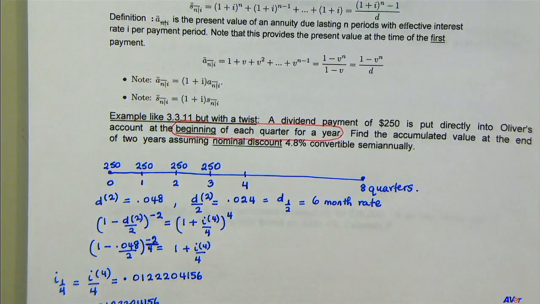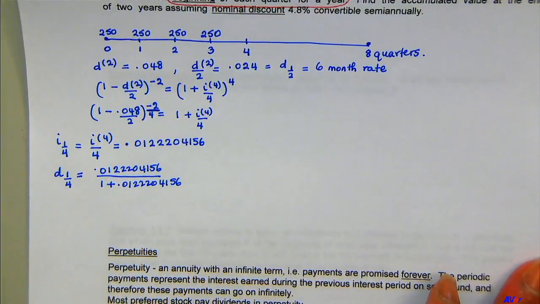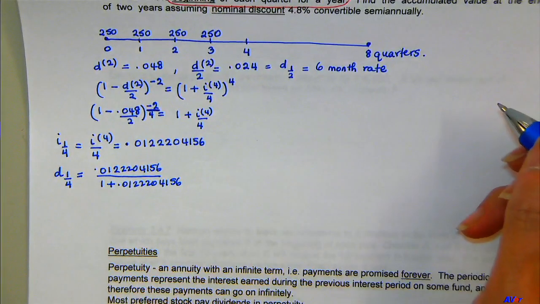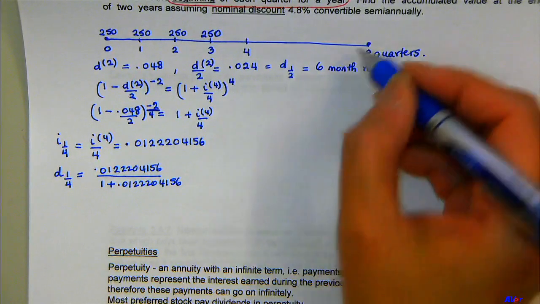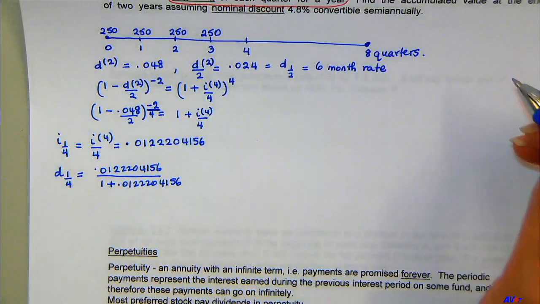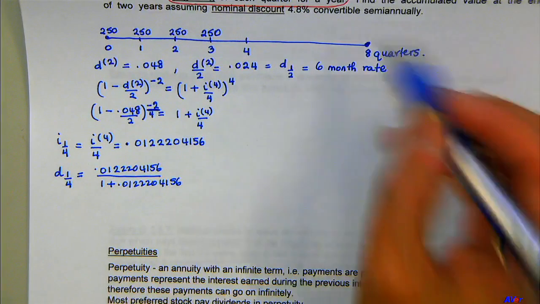What's the value for D? Then what should I do? They want the accumulated value at 8 quarters. Any ideas? How should I get the accumulated value here? Yeah.